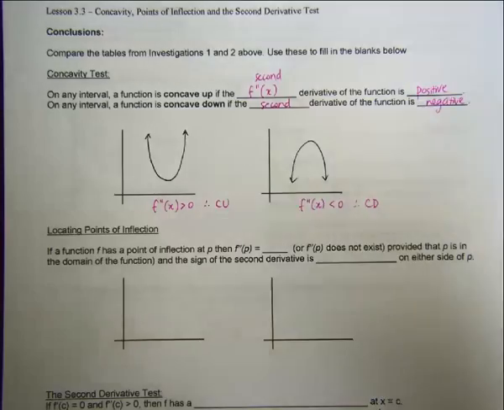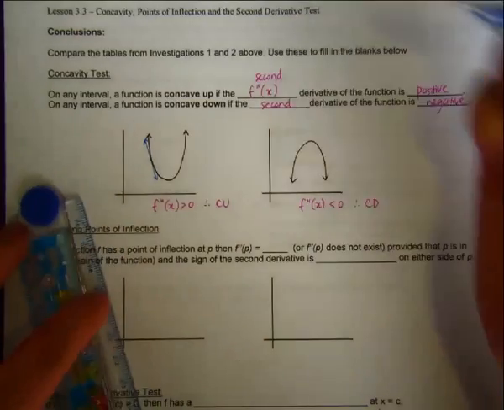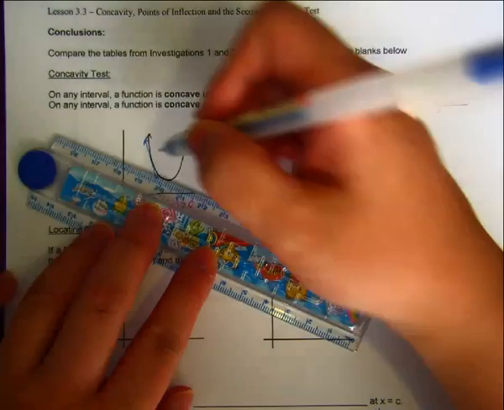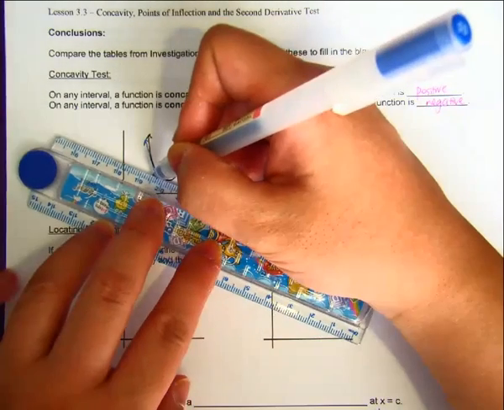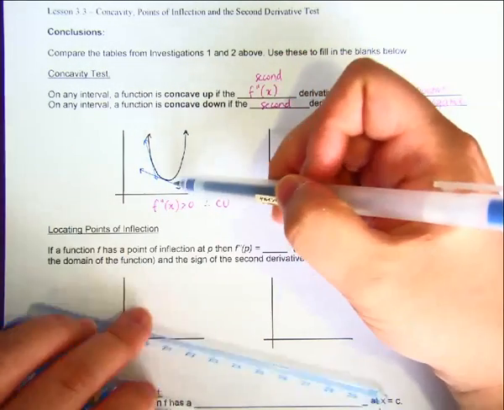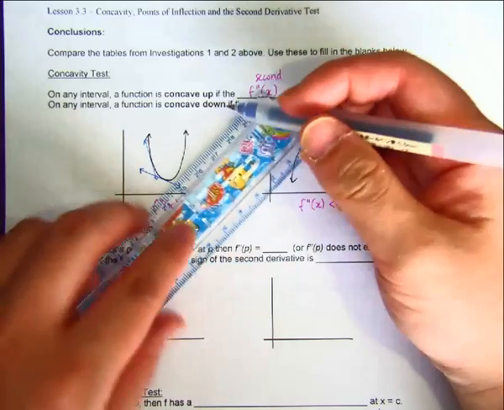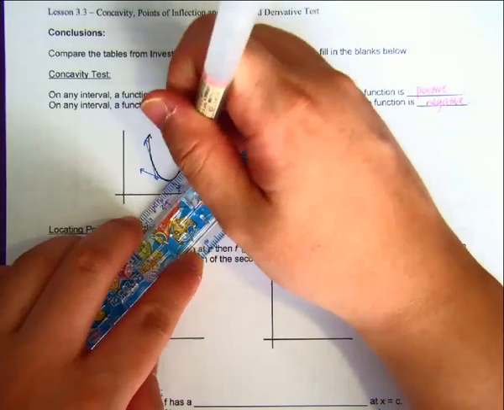Another way to see this is that all of the tangent line slopes can be drawn below the curve. And as you can see, they're going from negative slopes to 0 at the minimum, and then they're increasing to positive.